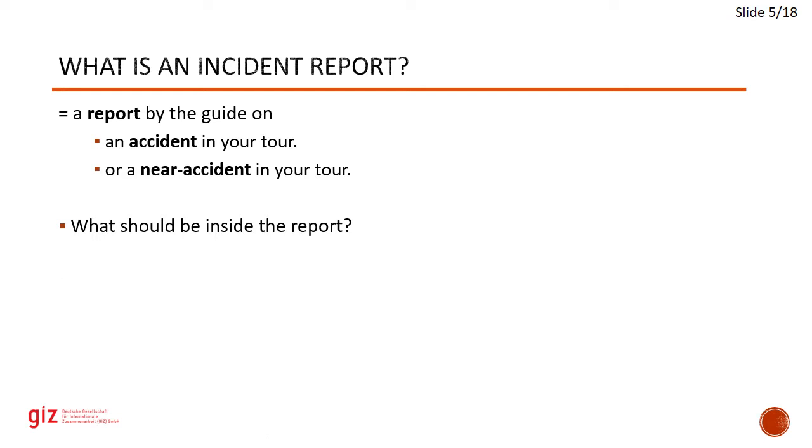So what should be inside the report? There are a couple of things. Information on the incident itself: when did it occur, where did it occur, and how did it occur? Information on the clients: who was directly involved in the incident and who was indirectly affected by the incident.